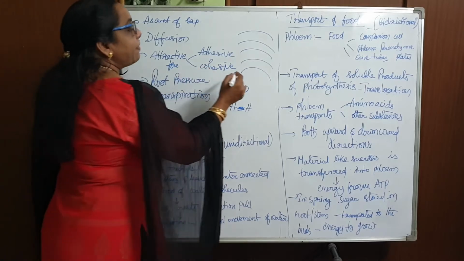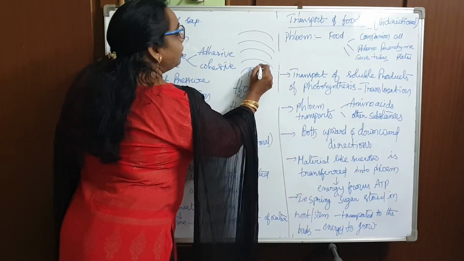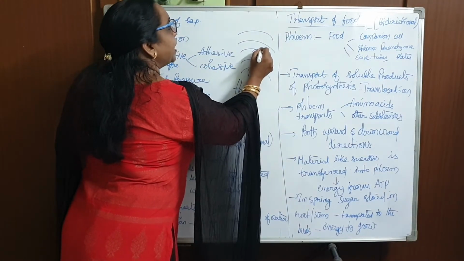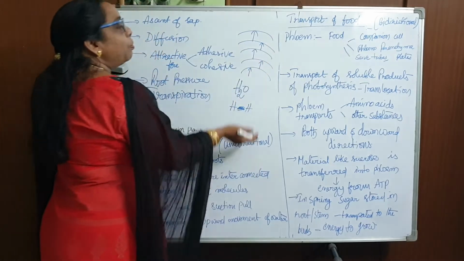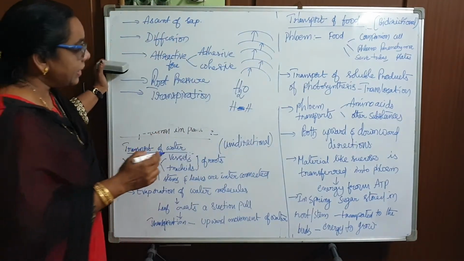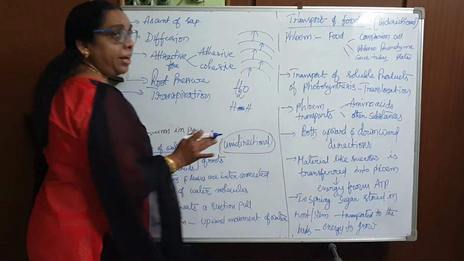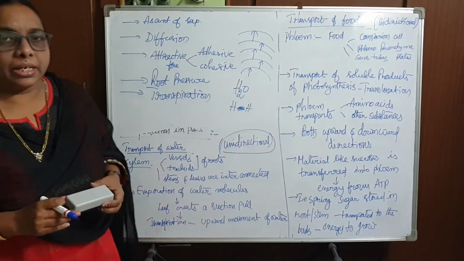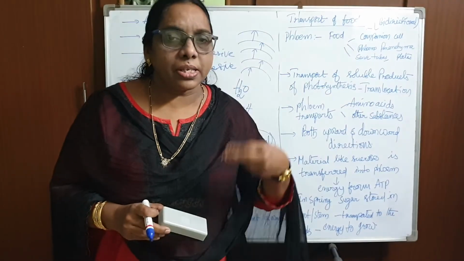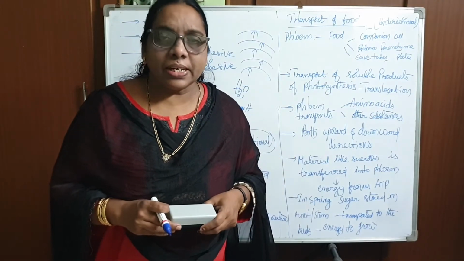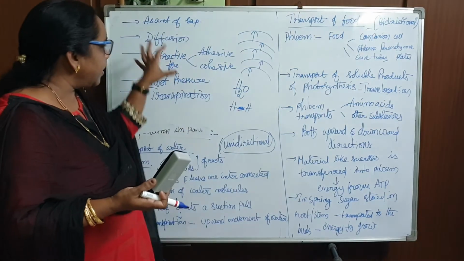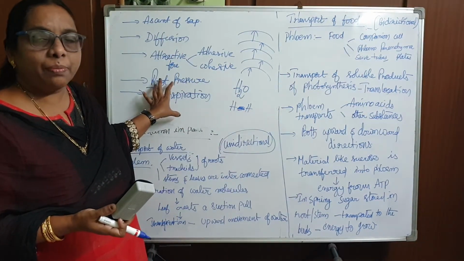Whenever we give water to the soil, one water molecule pushes the other water molecule to move forward. That is the reason I wrote here that the water moves in the xylem cells only in one direction, that is unidirectional, from the soil in an upward direction. Is it clear, children? With the help of all these techniques, water is moved.